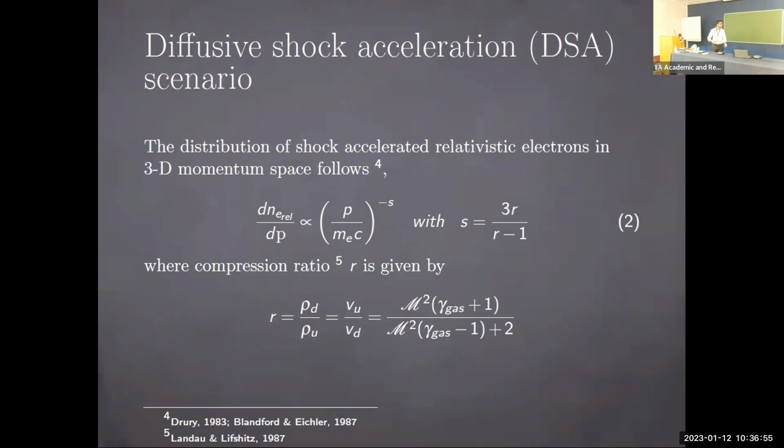This R is the compression ratio, which is the ratio between the downstream density and the upstream density, where d stands for downstream and u stands for upstream. It can be further correlated with the Mach number and the gas constant adopted in the medium.